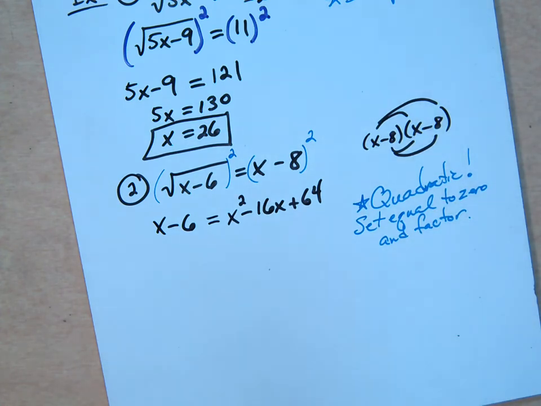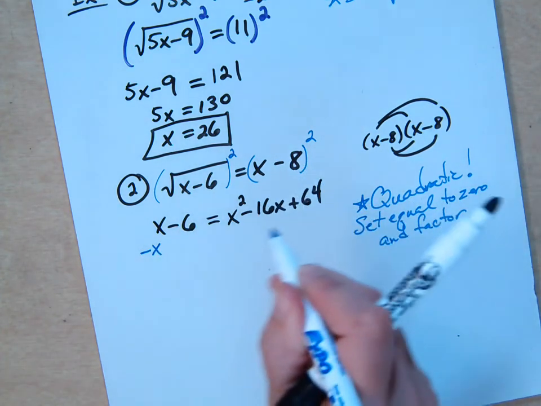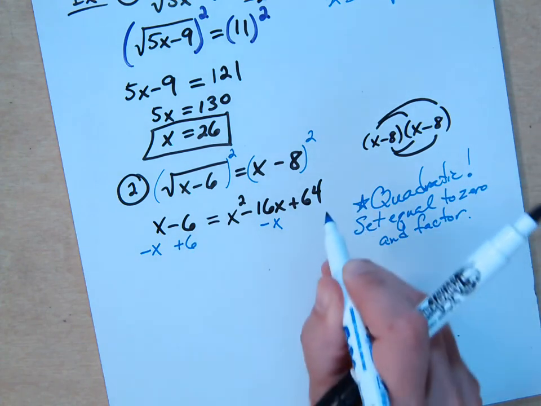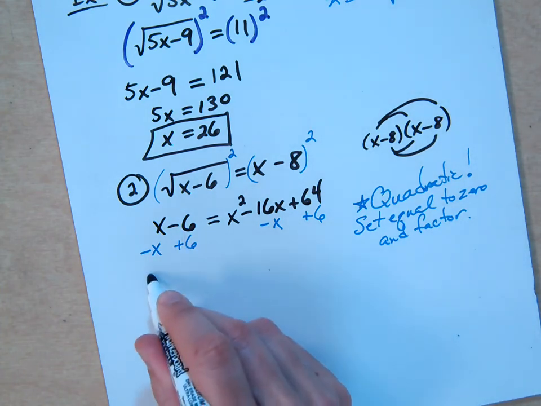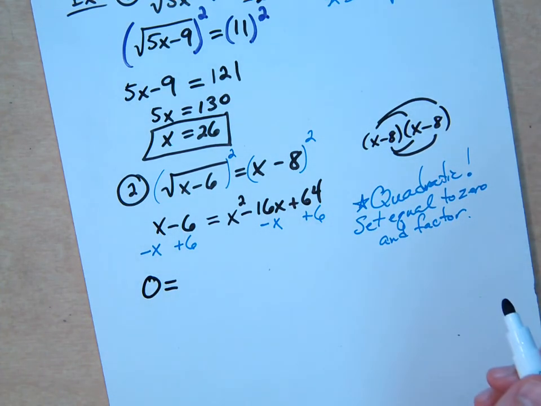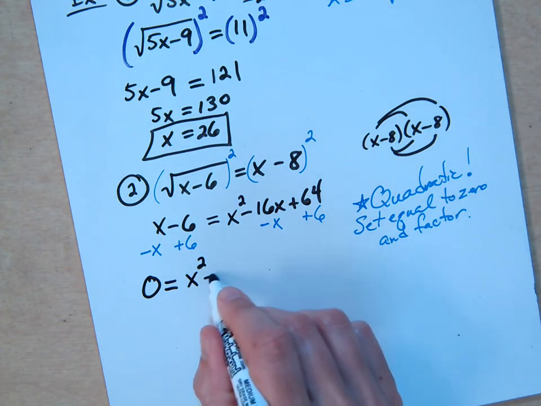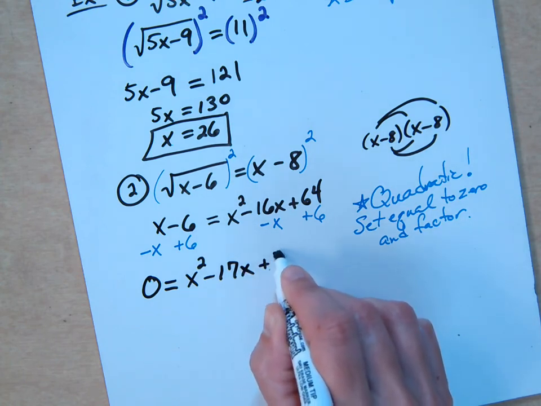So let's set it equal to 0. First, we got to subtract the x from each side to get rid of that. And we have to add the 6 to each side. Whatever we do to one side, we have to do to the other. We'll just do both of those at once. So you get 0 on the left. And on the right, you get x squared minus 17x plus 70.